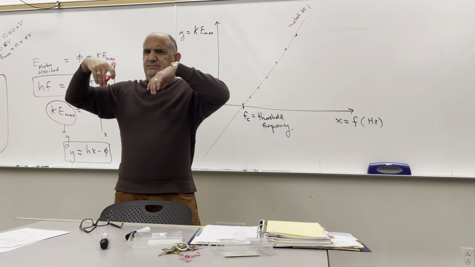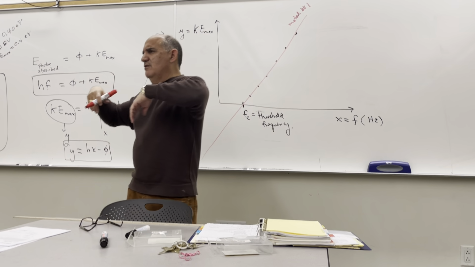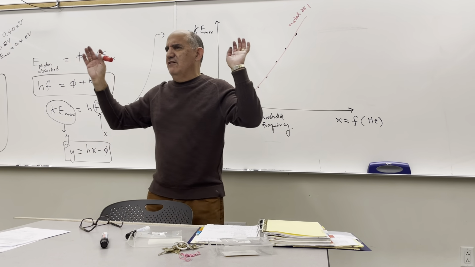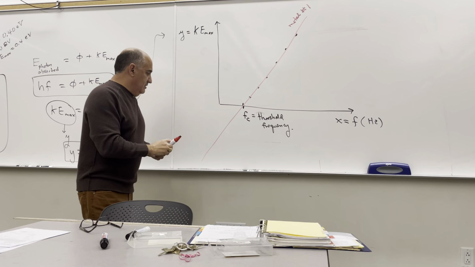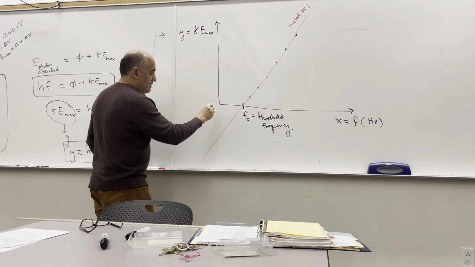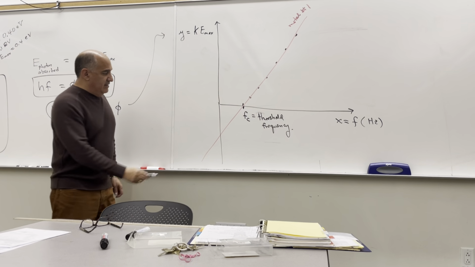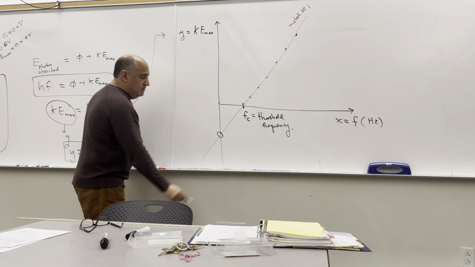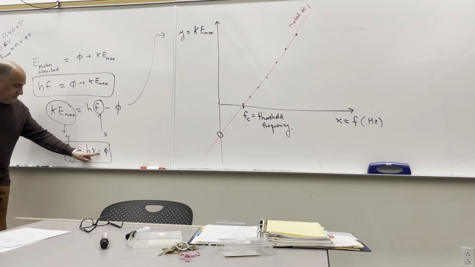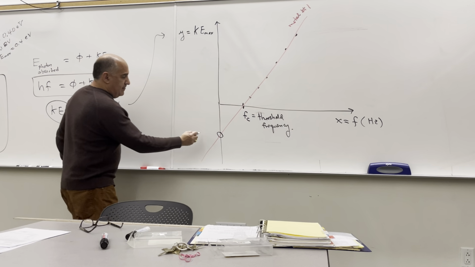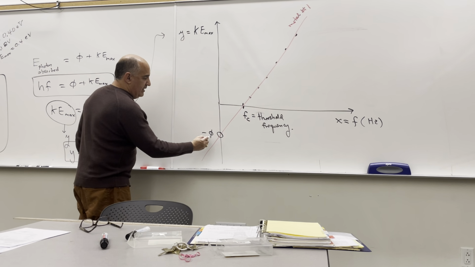Whatever, copper, silver, whatever. Notice that if you do a linear fit, this number over here is negative because you have a minus sign over here. So this would be minus phi.